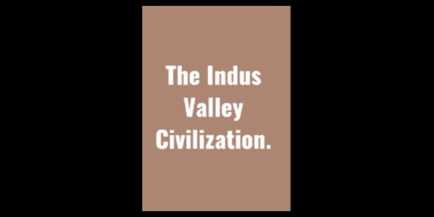It means in the west, Baluchistan, in the east, Uttar Pradesh of India, in the north, Jammu and Kashmir, and in the south, Maharashtra. This is the territory of the Indus Valley Civilization.